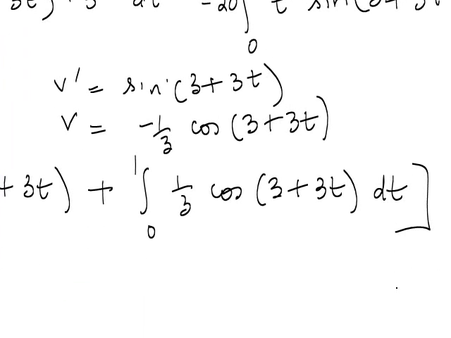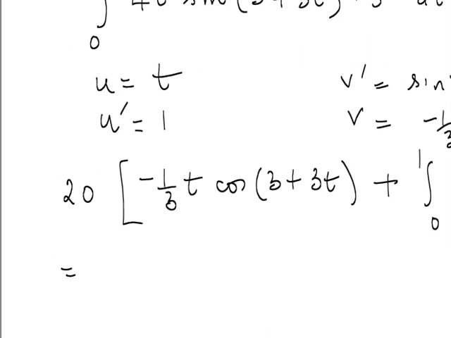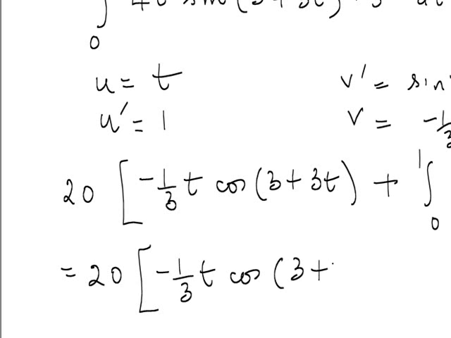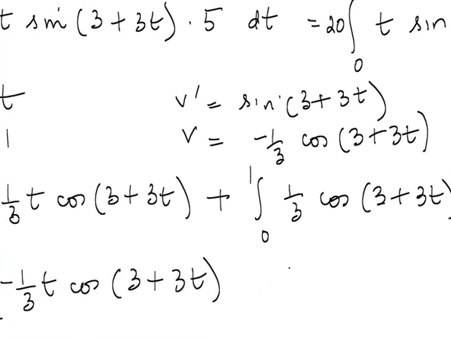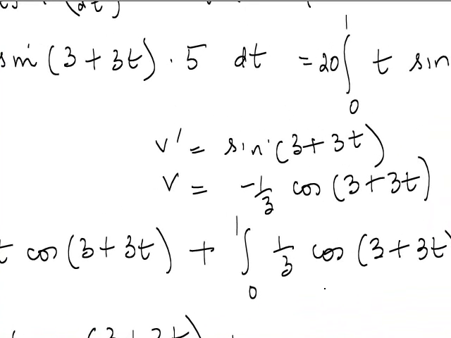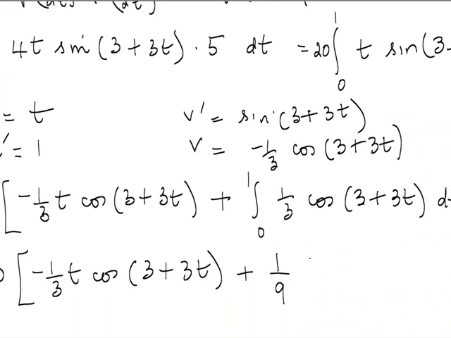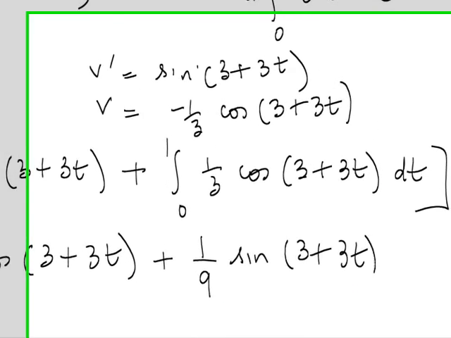Any questions so far? Okay, let's integrate. So 20, leave this negative 1/3 t cosine(3 plus 3t). Integrate this for me, please. What do you get? Anybody? 1/9 sine(3 plus 3t), beautiful.